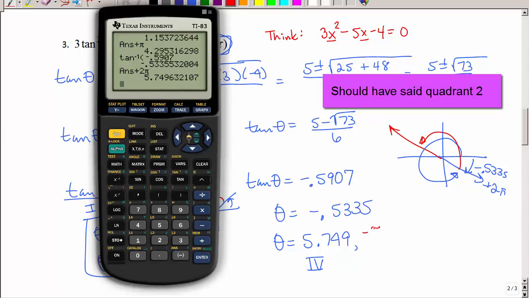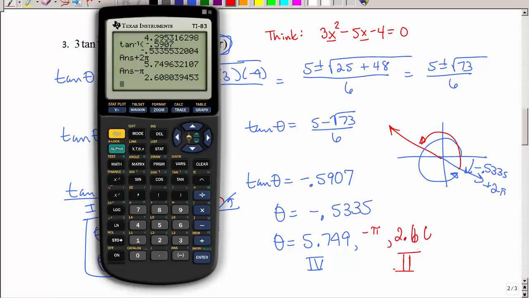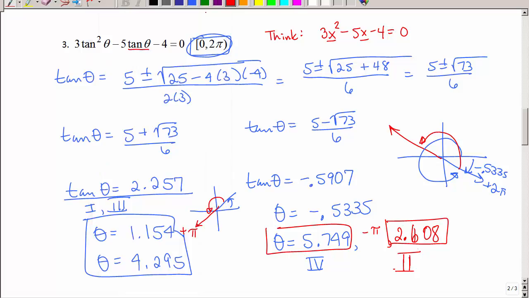So I'm going to subtract pi from that answer and get, in quadrant 3, my answer of 2.608. Now that's not the only way to get those 4 answers. That's just the way my brain is thinking this morning, but you need to know what your calculator gives you and how to get all the other answers.